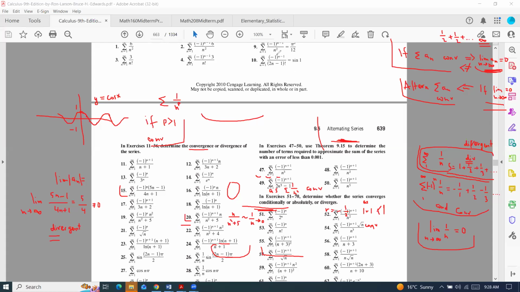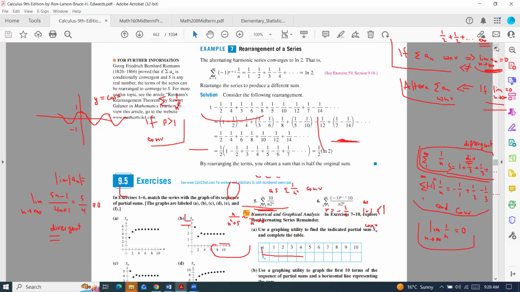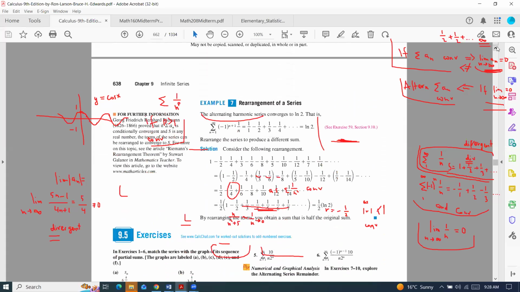Well, there is an amazing thing I think I promised to tell you last time about this sign alternating series. So I think I need to use the eraser a little bit to erase this mess. So we can look at example 7.